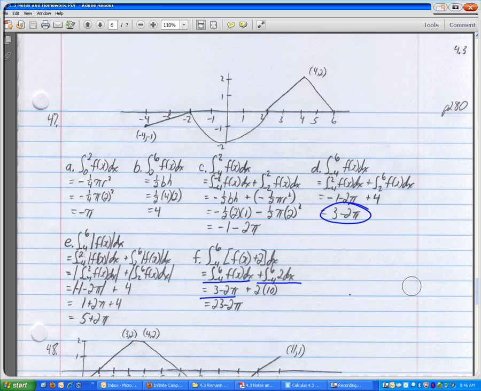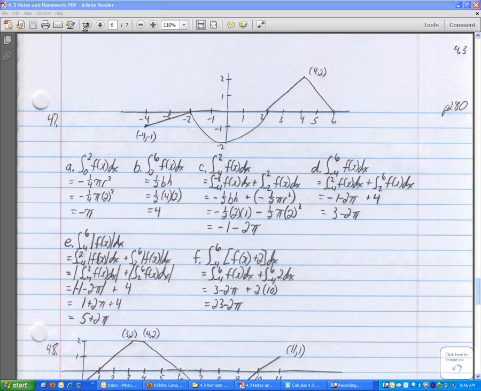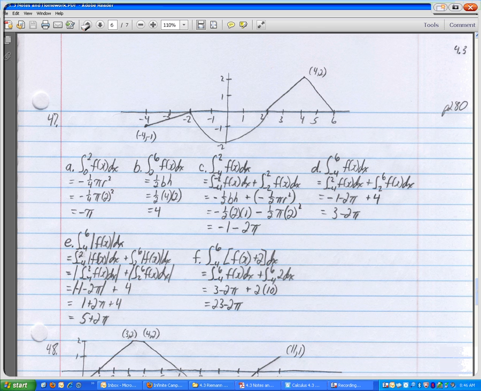What's 6 minus -4? 10. So that times 2 will give you that area. Okay? Ta-da! Making sense? All right. Anything else?